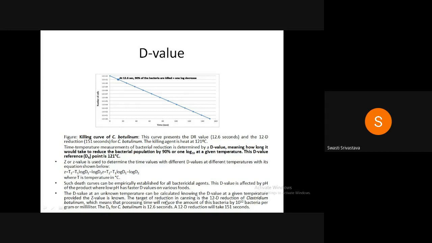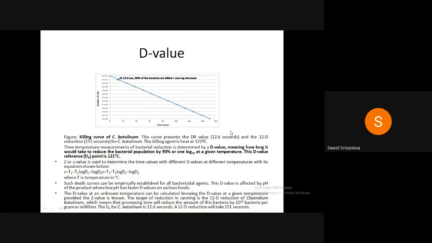Now, the target of reduction in canning is 12D. I have told you this is important in the food processing industry, so we have taken a particular example there. The target of reduction in canning is 12D reduction of Clostridium botulinum.